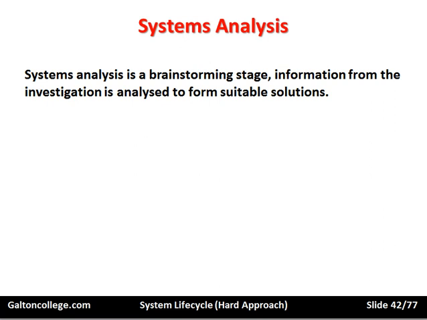It's important to look at the existing system, look at the proposed system, look at what information, what data, let's take it as data, what data has been collected regarding the existing system and regarding any proposed new system. And then analyse it, turn it into information and see what the information is telling us.